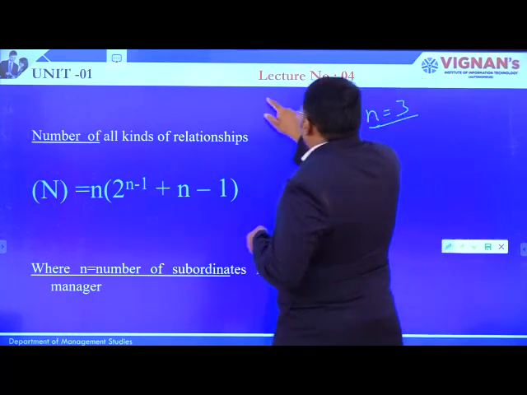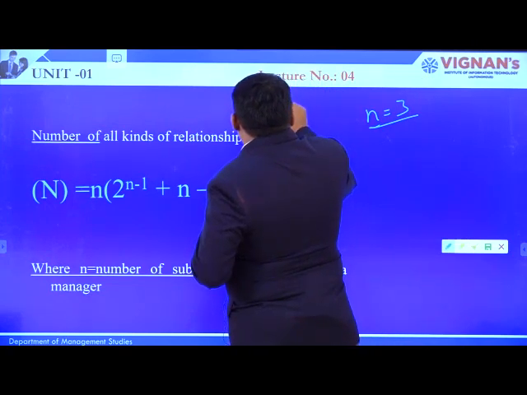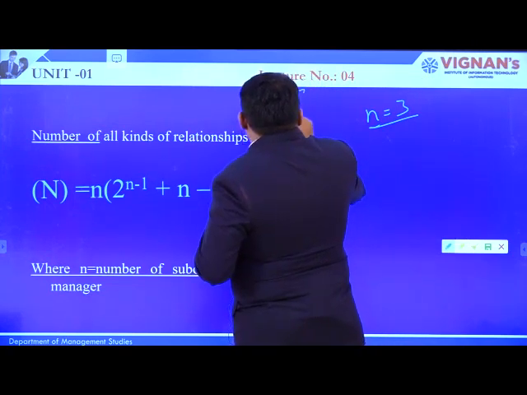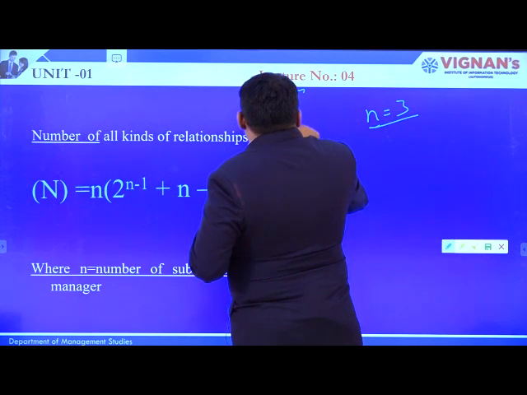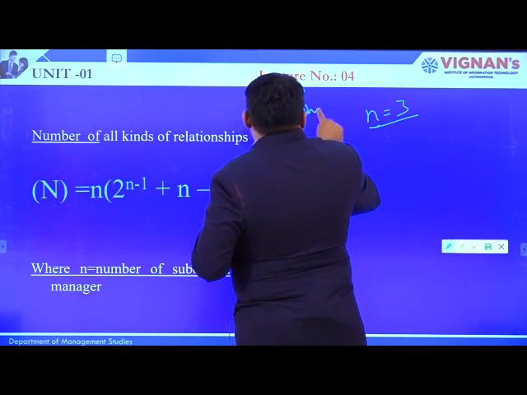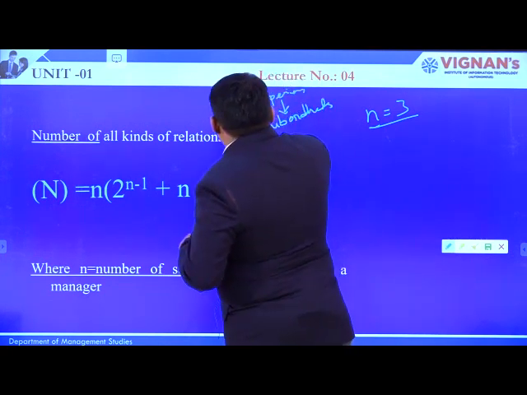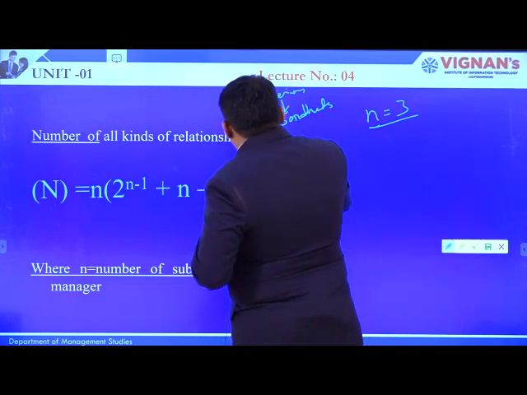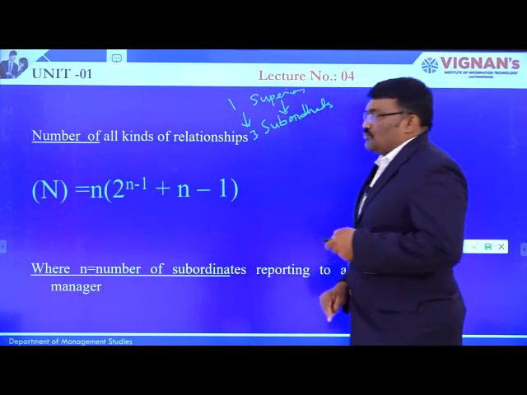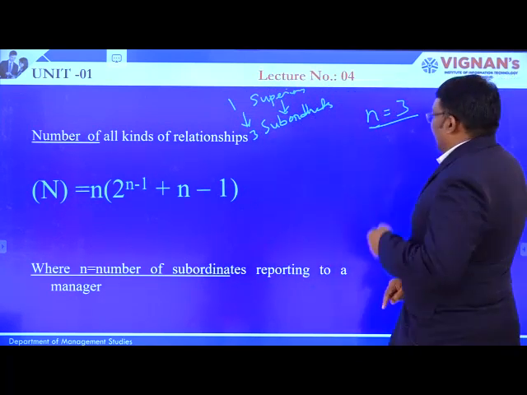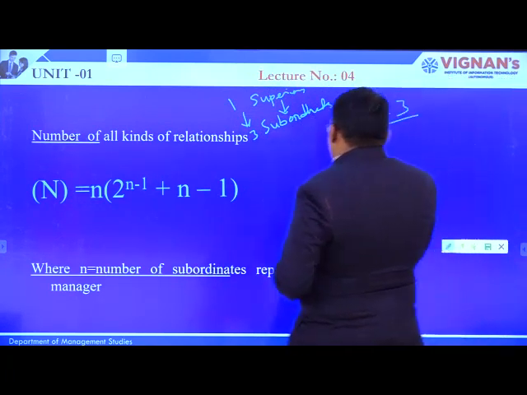That means a superior having subordinates, and there are 3 in number. So 3 are reporting to the superior. Now, if n is equal to 3, what will be the equation?